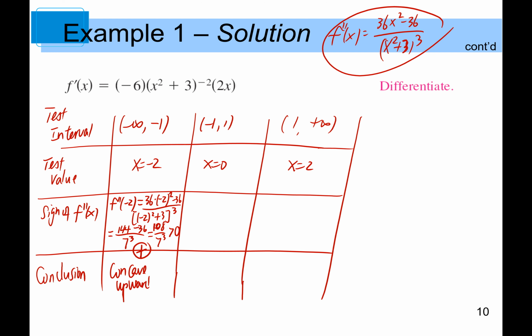And the second interval, f double prime of 0, so it becomes 36 times 0 minus 36 over 0 squared plus 3 to the third, so it becomes -36 over 3 cubed. This is definitely less than 0, so it's negative. Negative indicates concave downward.